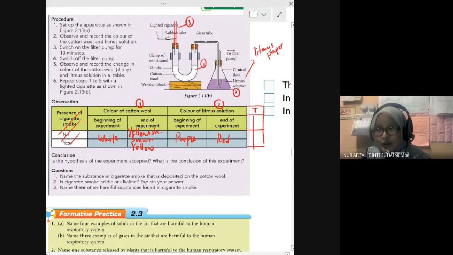Litmus paper is to detect the presence of acid or alkaline. So if the purple solution turns to red, it means that the cigarette smoke contains acid or alkaline.